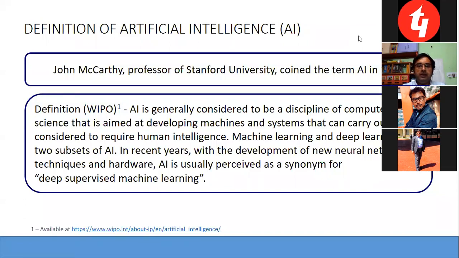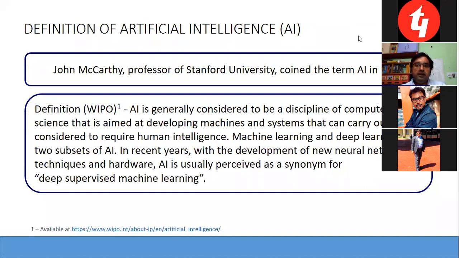One of the very relevant definitions is that it is a discipline of computer science aimed at developing machines and systems, and of course software, that can carry out tasks which otherwise would have required human intelligence. So to some extent, it substitutes human intervention through a machine, with the machine taking its own decision and showing its own intelligence. That is one of the definitions.